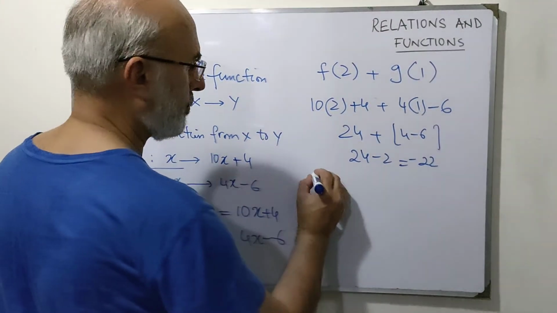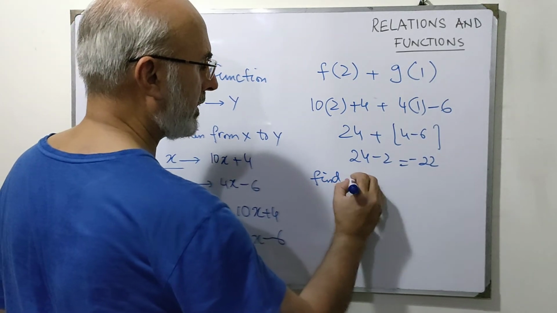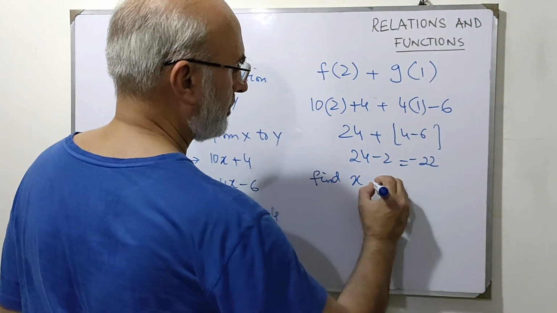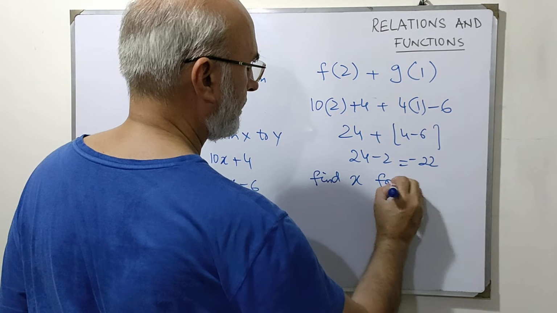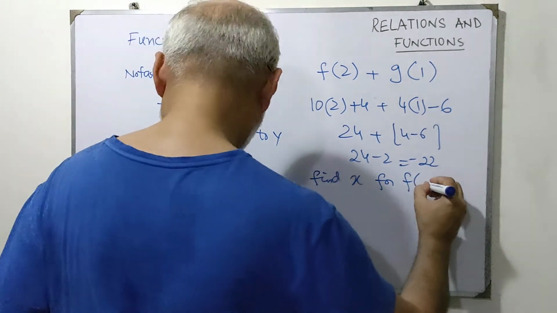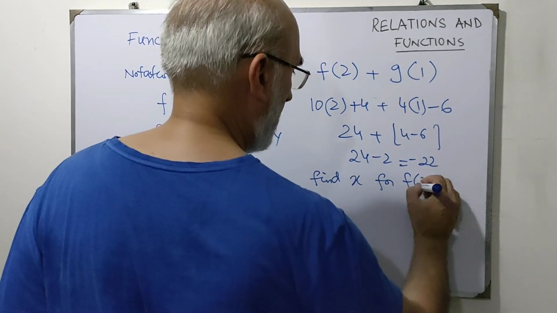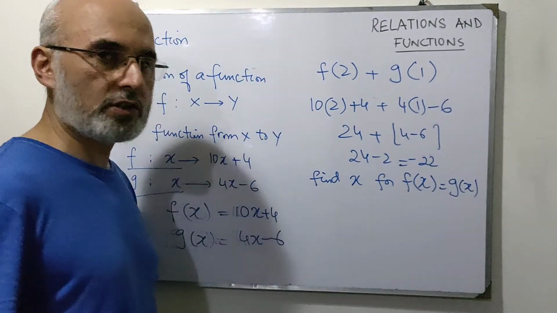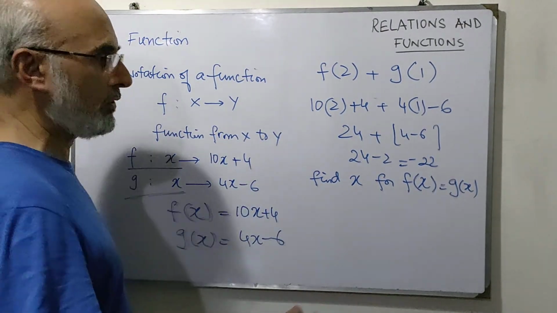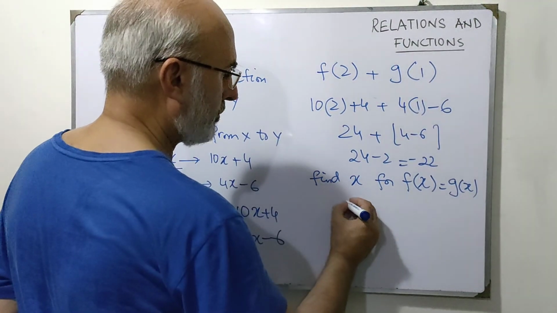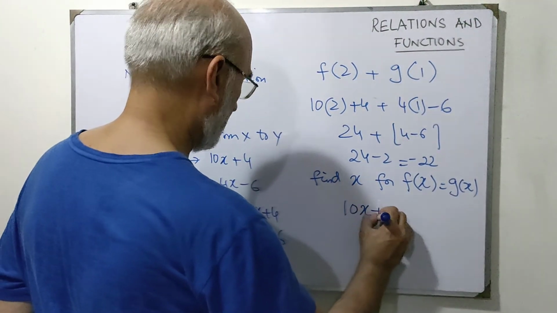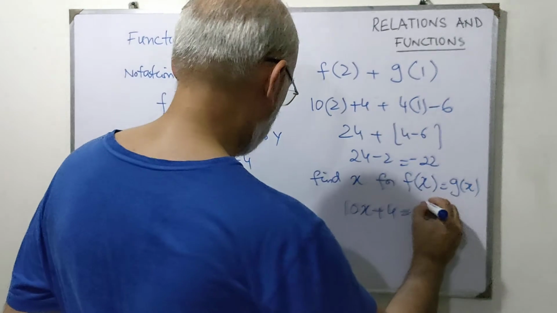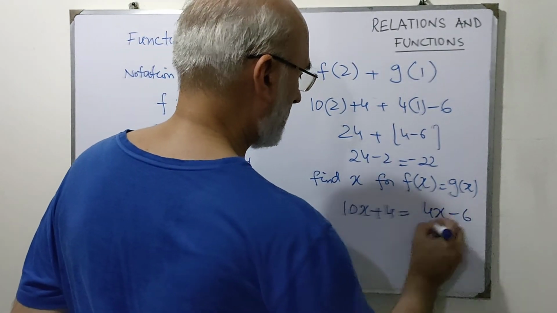And find x for f(x) equals g(x). If these both functions are equal, then what's the value of x? For this, what do we have to do? 10x plus 4 equals 4x minus 6.